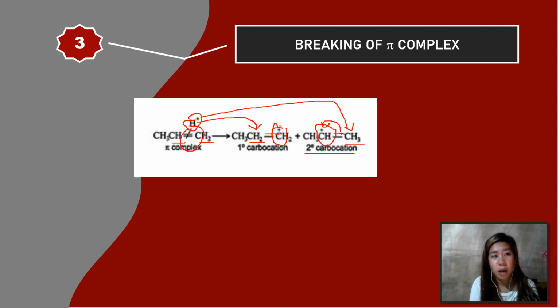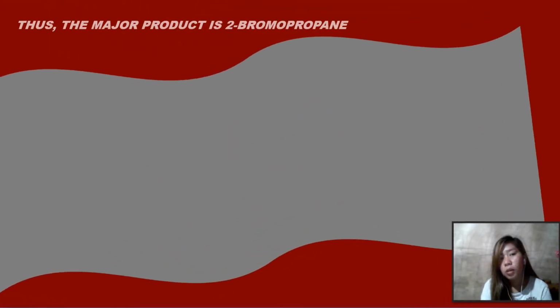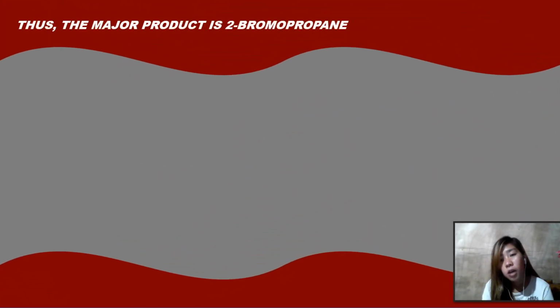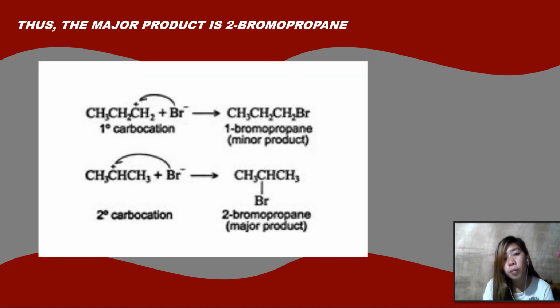Thus, the major product is 2-bromopropane because, after the hydrogen already attached itself to one of the carbons, the other carbon that has the excess proton, or the carbocation, will attract the halide.